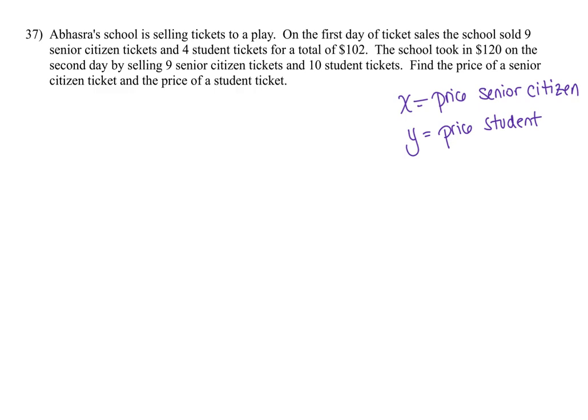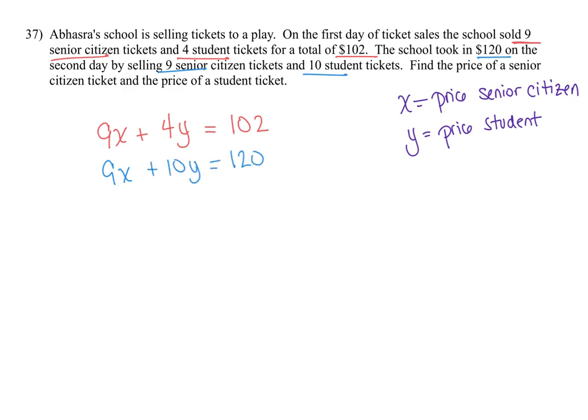My first one says 9 senior citizen, 4 student equals 102. So 9x plus 4y equals 102. My second sentence says $120 was made with 9 senior citizen and 10 student. 9x plus 10y equals 120.